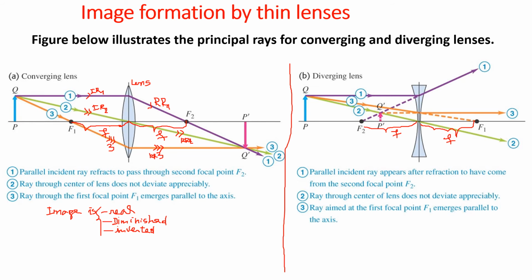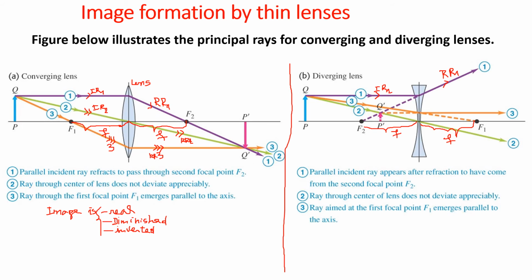And we continue with the rules. The first rule states that incident ray 1 is parallel to the principal axis. When refracted, it will appear to pass through the second focal point. This is refracted ray number 1.